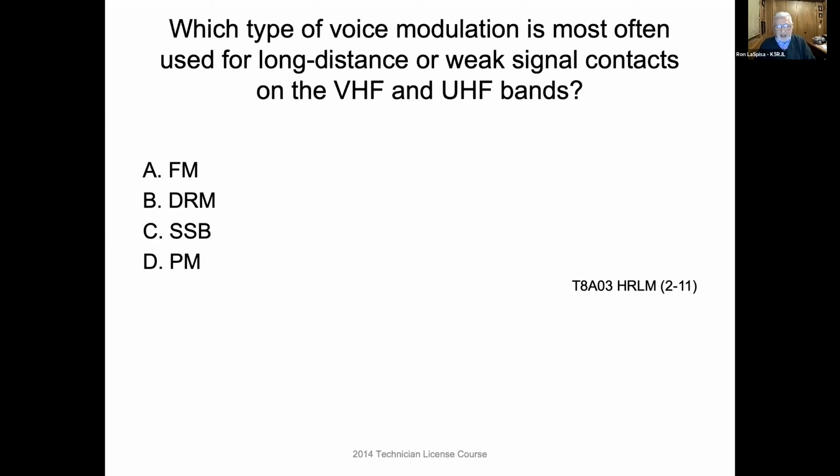Okay, which type of voice modulation is most often used for long distance or weak signal contacts on the VHF and UHF bands? C, SSB. C is the right answer.